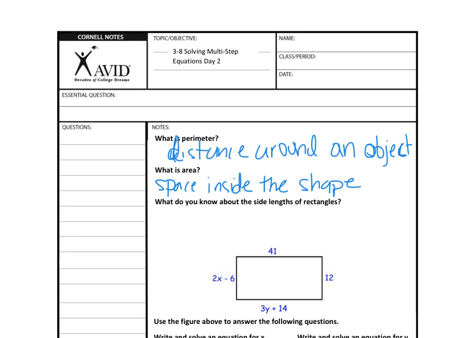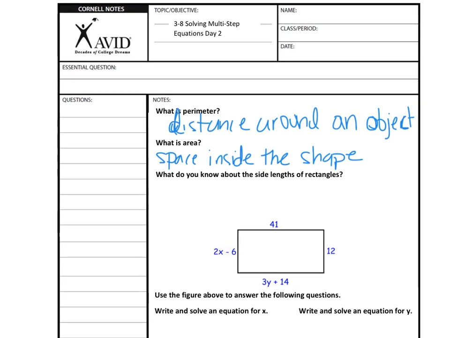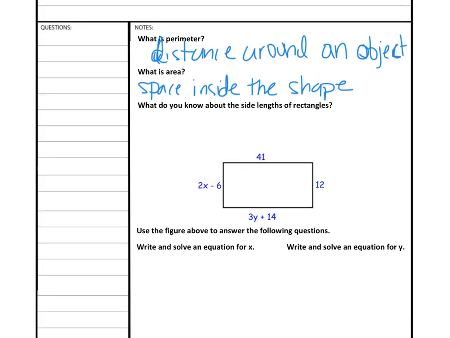So our next question looks like we're dealing with a rectangle, and it asks us, what do we know about the side lengths of rectangles? Well, I know that the sides across from each other are the same.